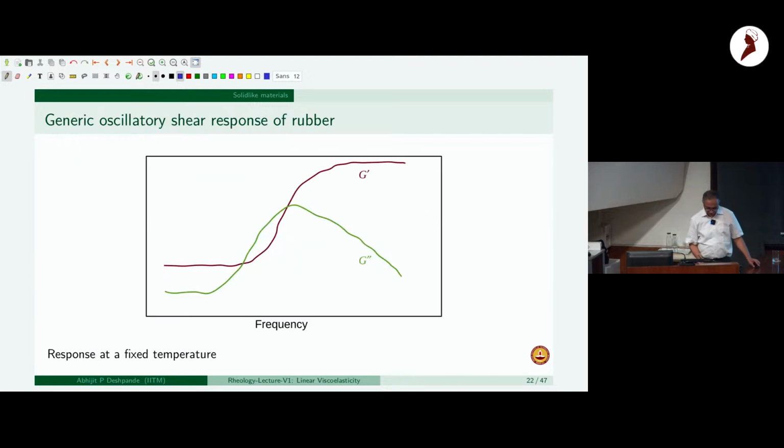So the response is basically high G prime at lower frequencies and high G prime at higher frequencies, which is the glassy. So this is the rubbery phase and this is the glassy phase. And this is basically response at fixed temperature, but as I said, I can do the same thing by changing temperature also.